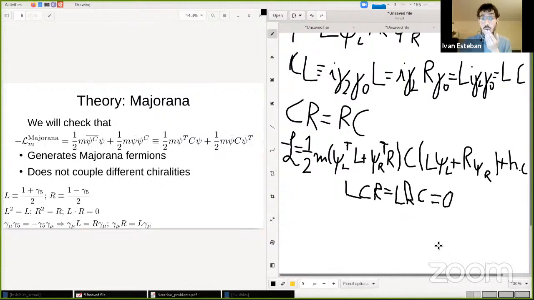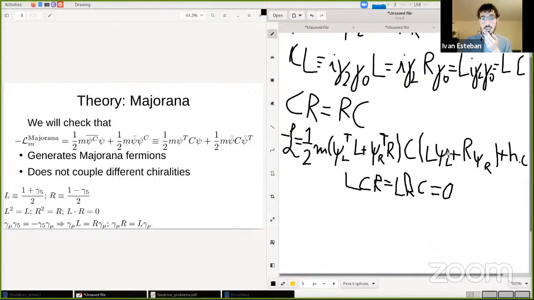And therefore, when we expand this product, we will not have terms with different chiralities. So this term only couples the same chiralities among themselves.